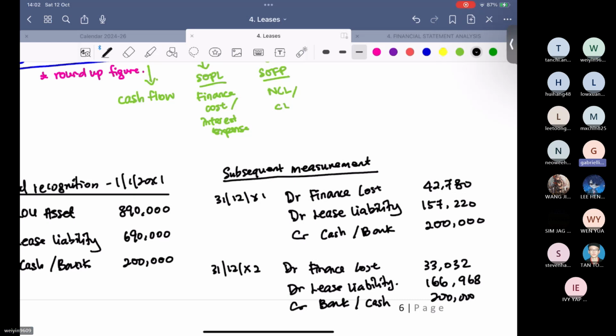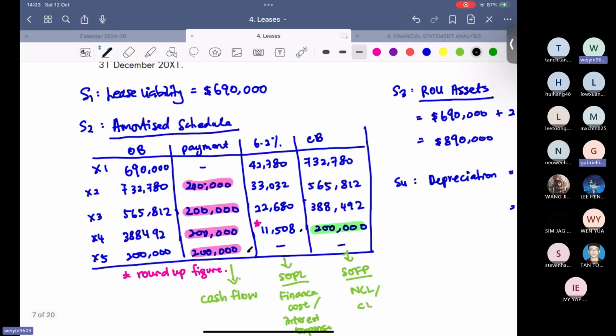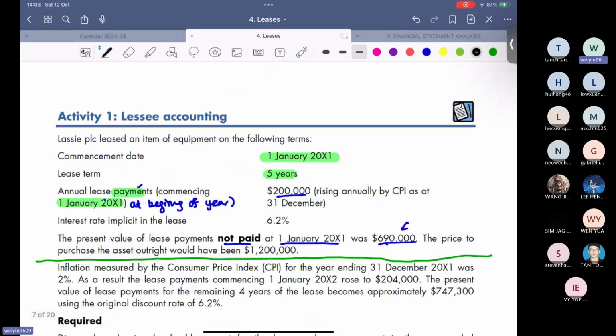Can I ask a question? On the amortized schedule, for X1, why is there no payment? Because the question says when you sign on 1st January, you already make the payment of 200,000. That's why it says annual lease payment commencing on 1st January X1.